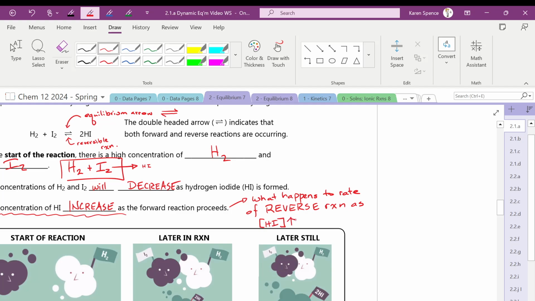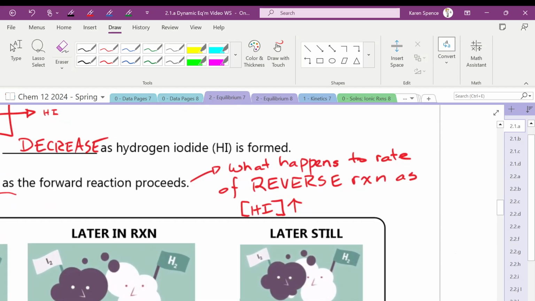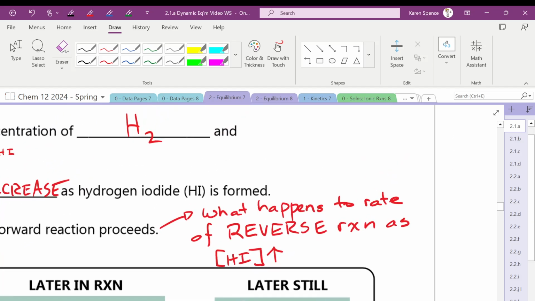And because you have your reaction rate test tomorrow, you might as well explain to your partner what happens to the rate of the reverse reaction. And remember, the reverse reaction is 2HI becoming H2 plus I2. So what's going to happen to the reverse rate as the concentration of HI increases? Explain in terms of collision theory. Off you go. Chat.